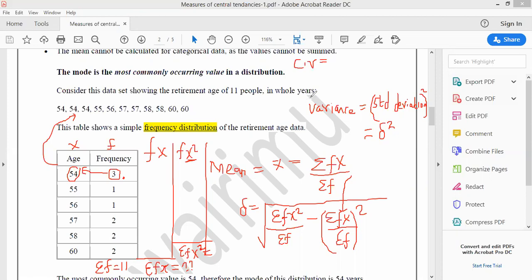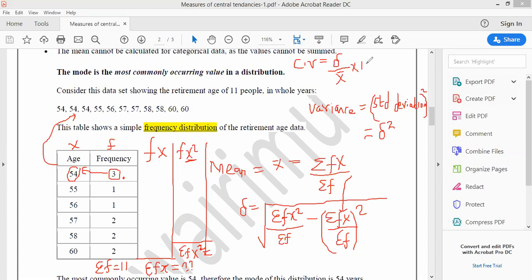The coefficient of variation is again one of the measures of dispersion, which is computed as the standard deviation divided by the mean of the distribution, and I'm hoping you're writing divided by the mean of the distribution, which is given by X bar. The mean of the distribution, we are abbreviating it as X bar, and then we multiply this one by 100. Standard deviation divided by X bar, we multiply that ratio by 100.